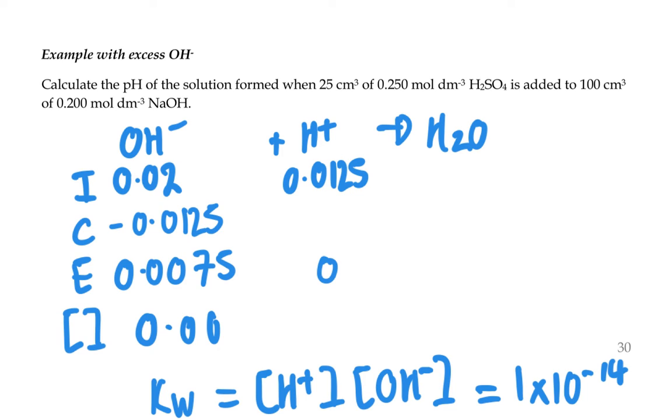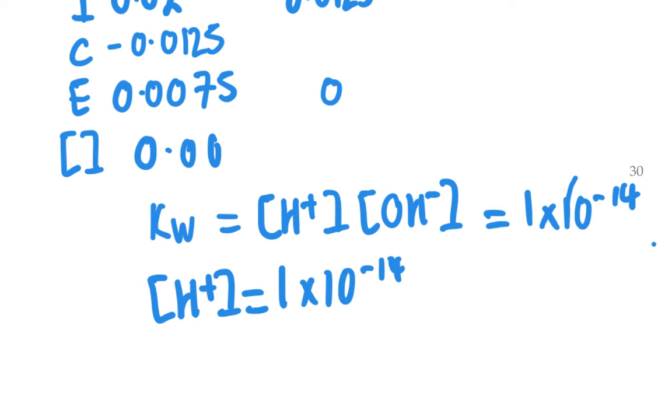So my H plus is going to equal 1 times 10 to the minus 14 divided by my OH minus concentration, which is 0.06 that I've just worked out. That gets me a H plus concentration of 1.67 times 10 to the minus 13.